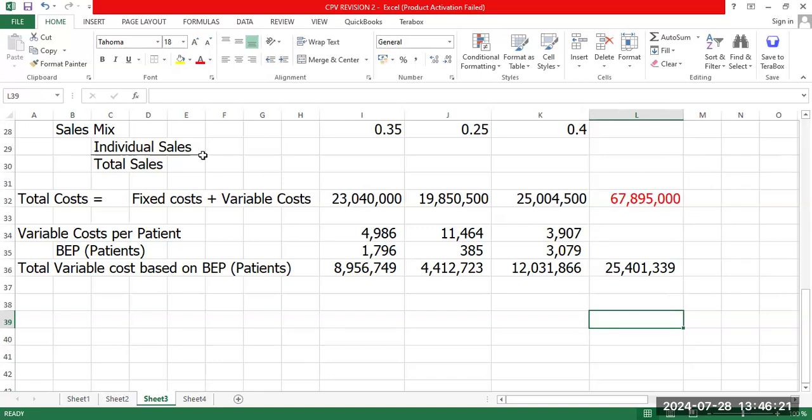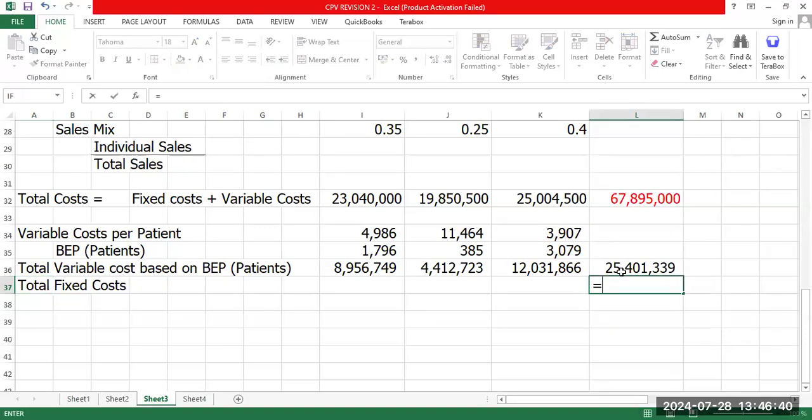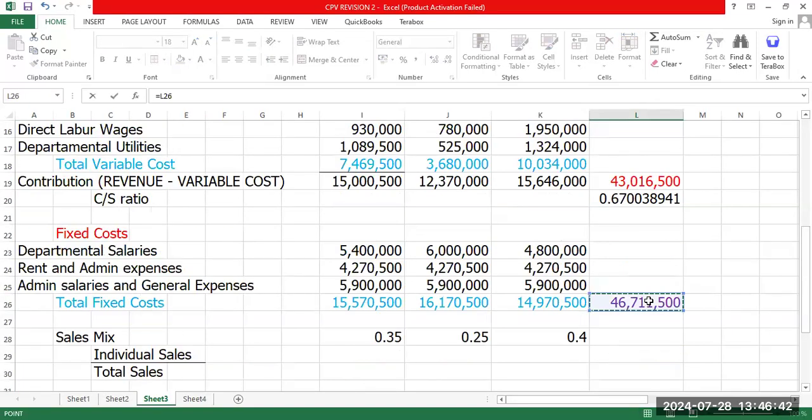Then from that, remember my fixed costs. Remember total fixed costs was how much? Total fixed costs was actually this.